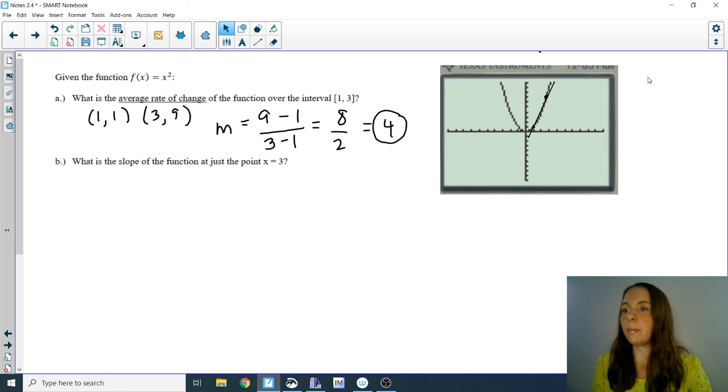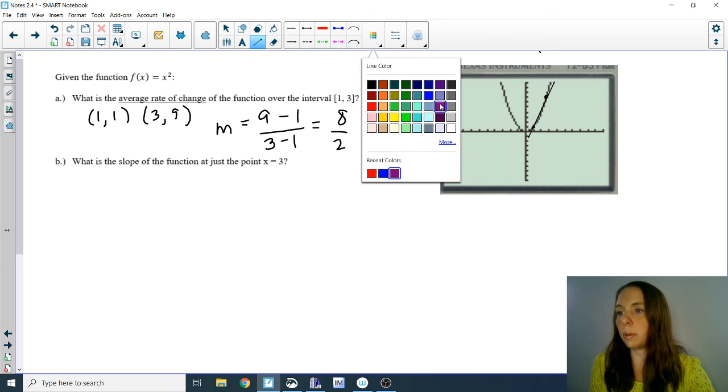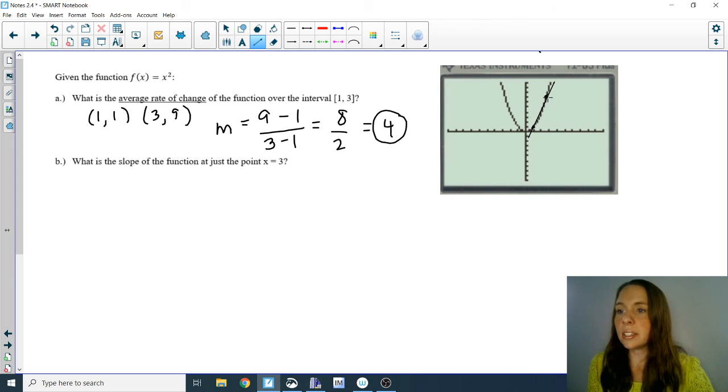Okay. Next part, what is the slope of the function at just the point x equals 3? So I'm going to draw that line in ahead of time. Let's use purple. Why not? At just x equals 3, what I want you to see, I'm going to have to do this and then move it because I'm not good at this.